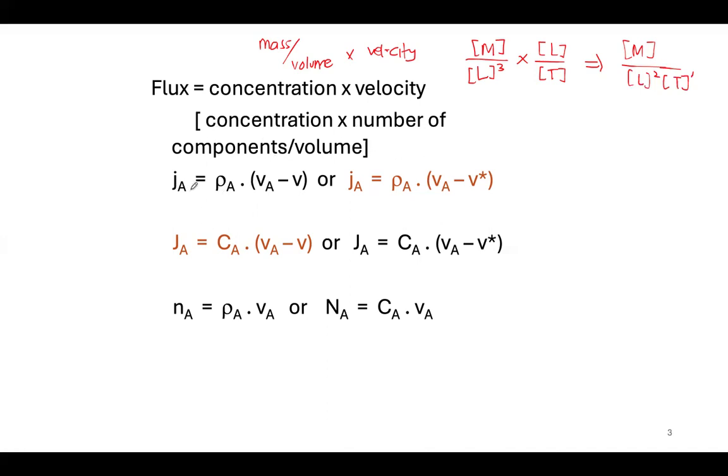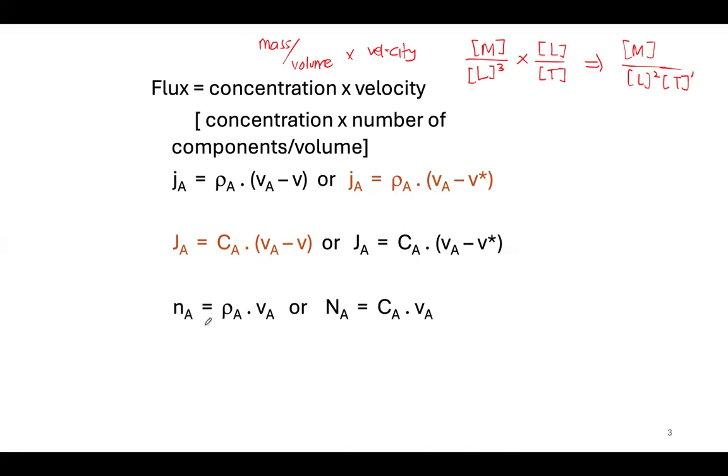So if we consider this definition, JA equals rho A, which is the concentration on the mass basis, multiplied with the velocity. This is the velocity of the component itself, which is the absolute velocity minus the velocity of the medium.